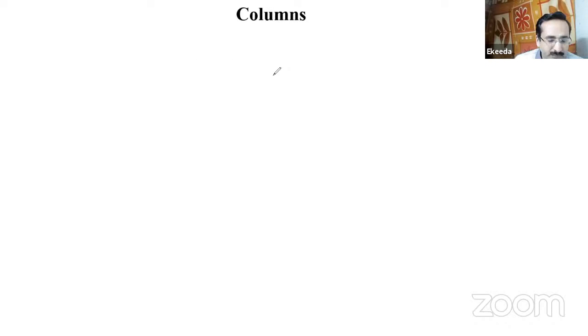We will first define a term called slenderness ratio. What is this slenderness ratio?